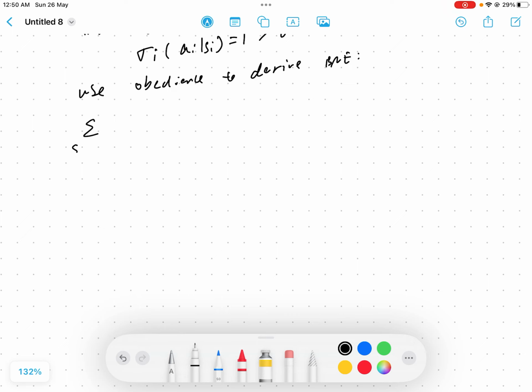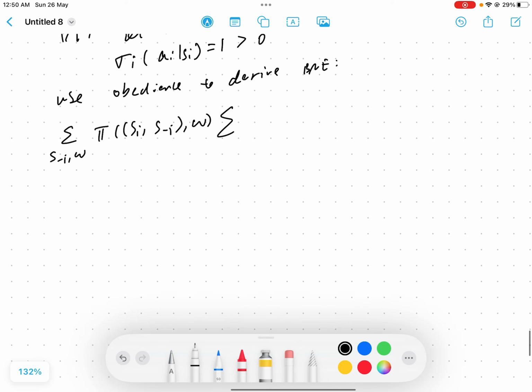The summation over s_{-i}, omega, pi(s_i, s_{-i}, omega), and this is the summation of all the product of the sigmas times the u.